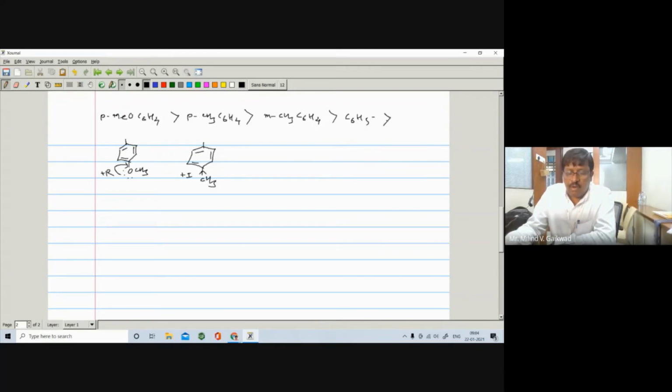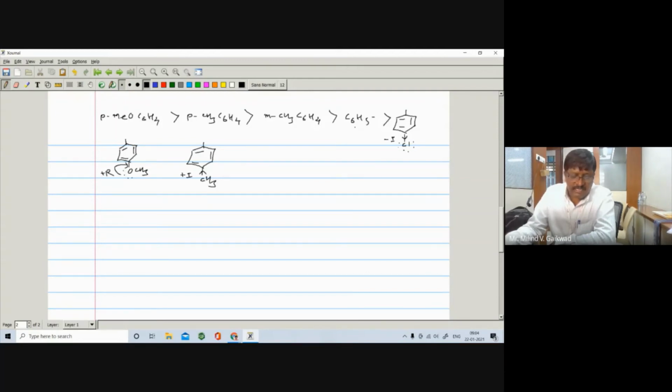Similarly, these are the electron donating groups, but if there is an electron withdrawing group, for example, at the para position in the benzene nucleus, if there is a chlorine, chlorine exhibits plus R. At the same time, it also exhibits the minus I effect.